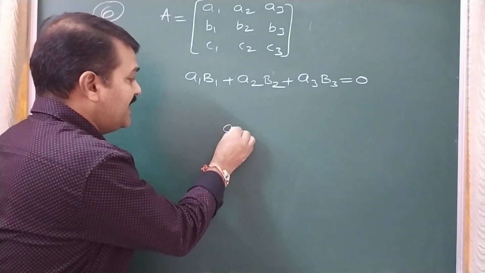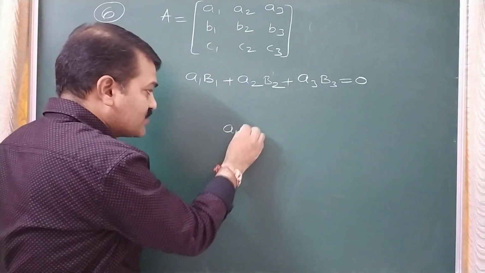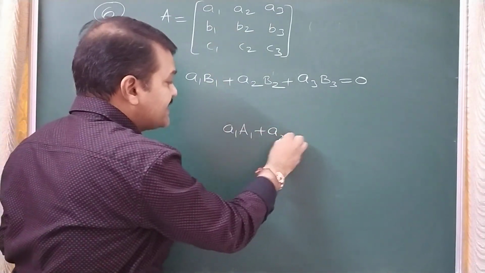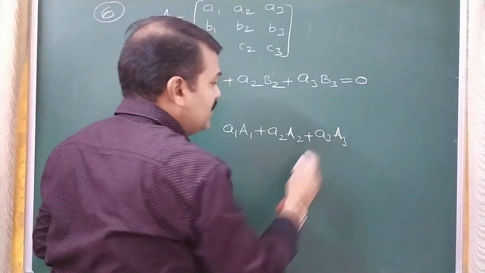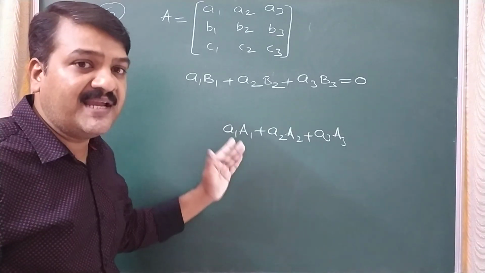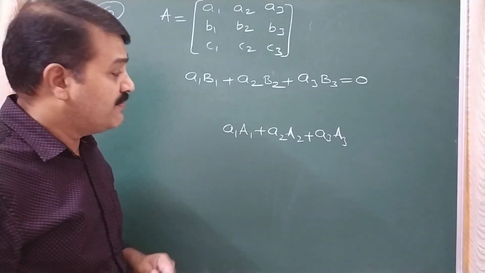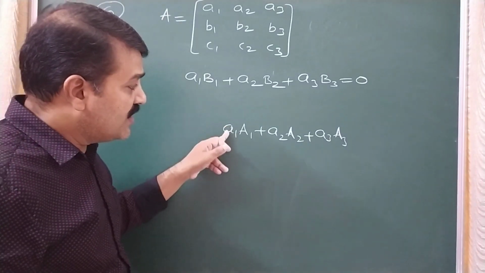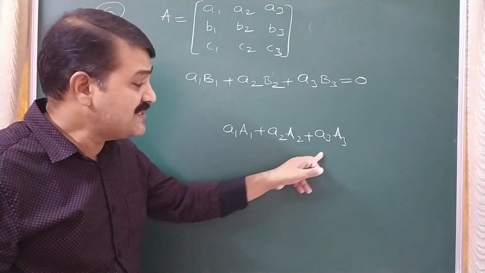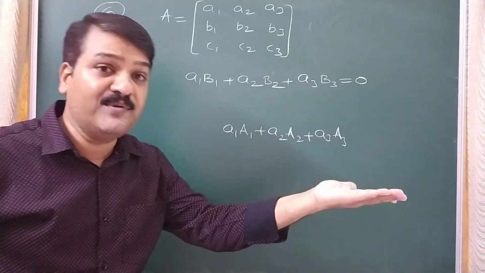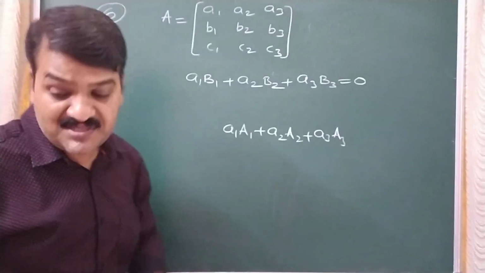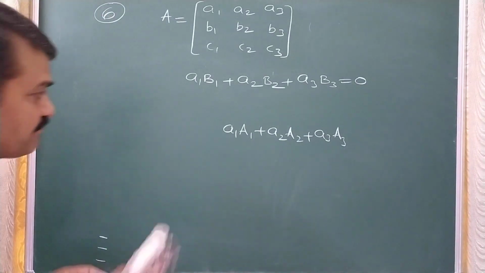That is, if I take A1 into its cofactor plus A2 into its cofactor plus A3 into its cofactor, that is the det A definition. But if I am using elements of one row and cofactors of another row, that will be 0. So that is the property.